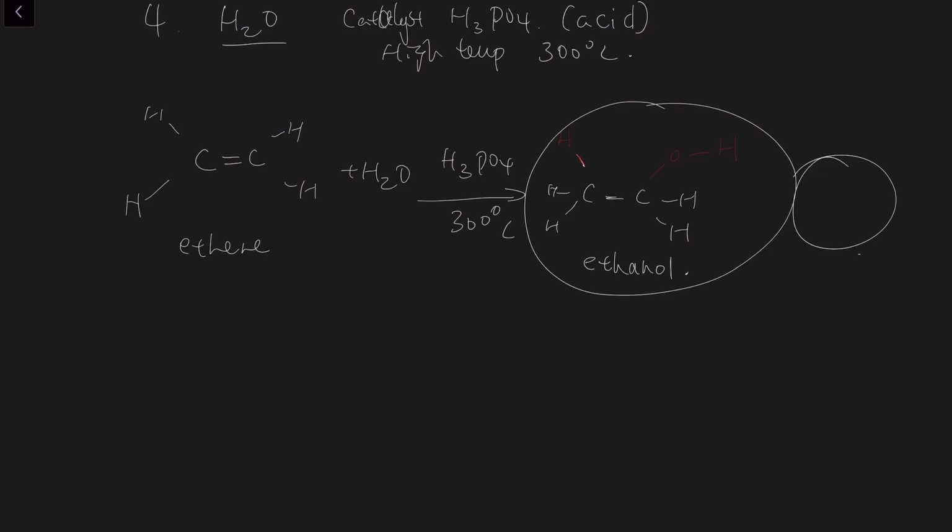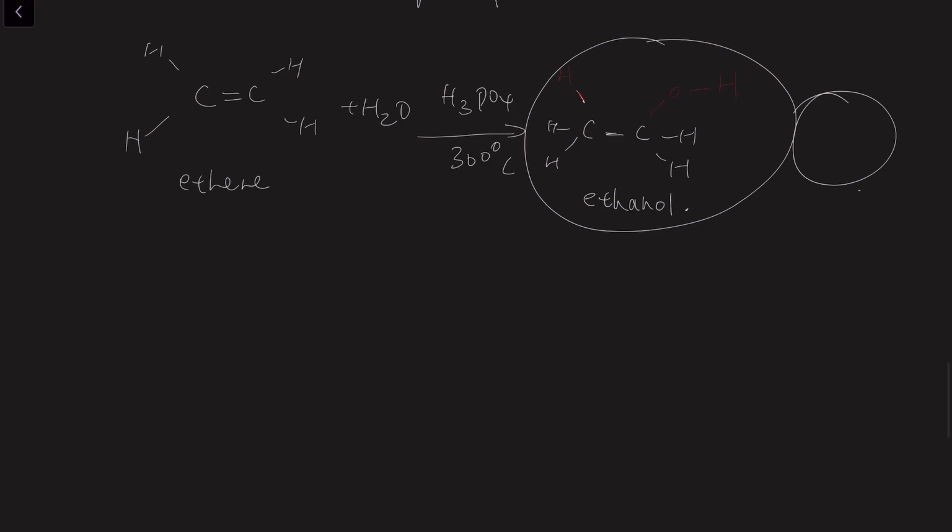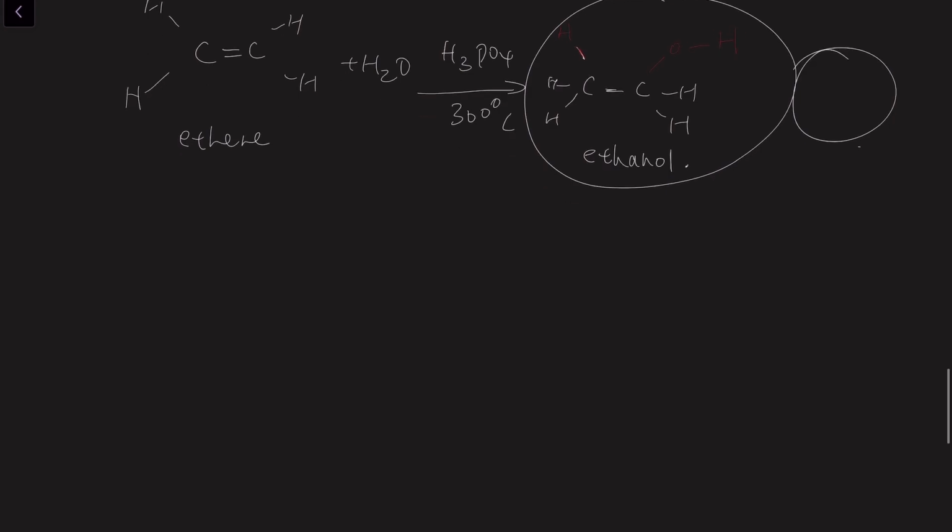So let's look at several more interesting examples which show the usefulness of addition reaction. So here, let's look at what molecule it is. There are 4 carbons on the carbon chain, and the double bond is connected to the first carbon. So it is but-1-ene.